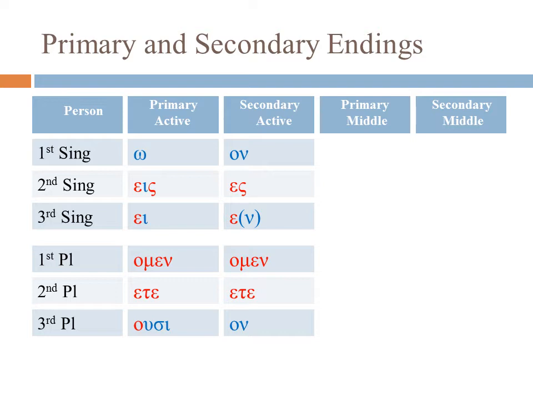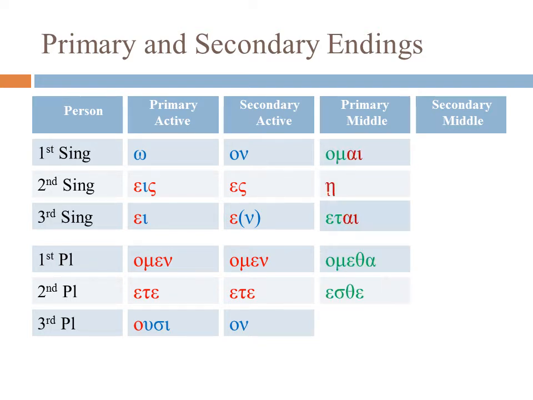The primary middle is also very much alike, where before we had ομαι, η, εται, ομεθα, εσθε, ονται. The secondary takes the same form, and its main change is the omicron instead of the alpha iota. So ομαι becomes ομην, η, because it's omicron, becomes ου instead of eta iota.